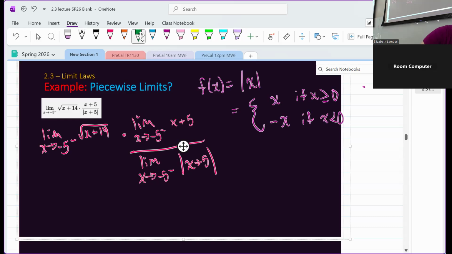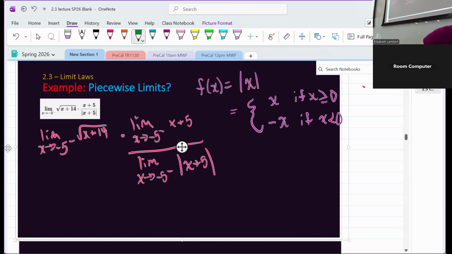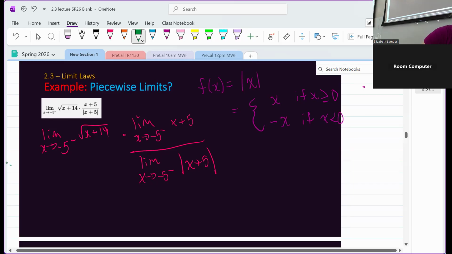So for the first two pieces, we can just directly substitute the -5 in there.